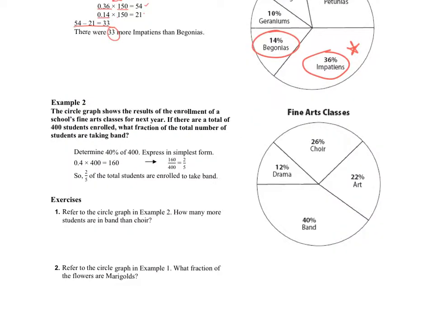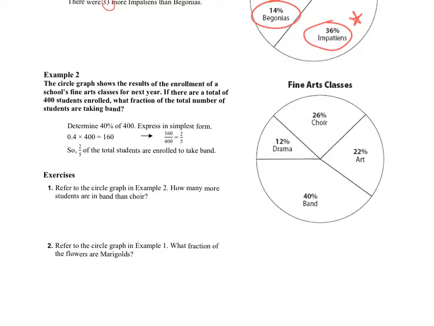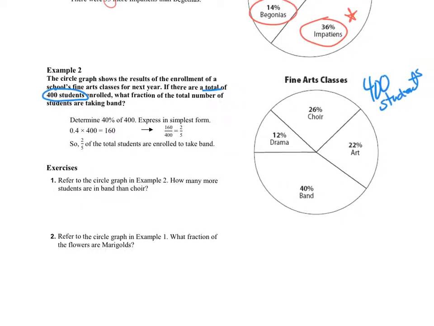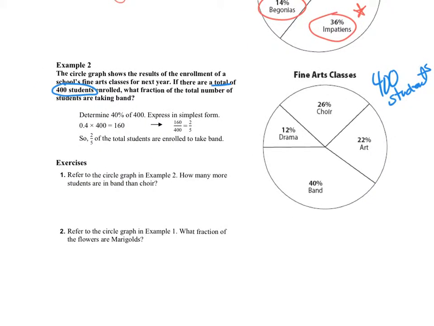Example 2, the circle graph shows the results of the enrollment of a school's fine arts classes for next year. If there are a total of 400 students, this is representing 400 students, but they have just given you the percentages. So 12% are in drama, 26% choir, 22% art, and 40% are in band.